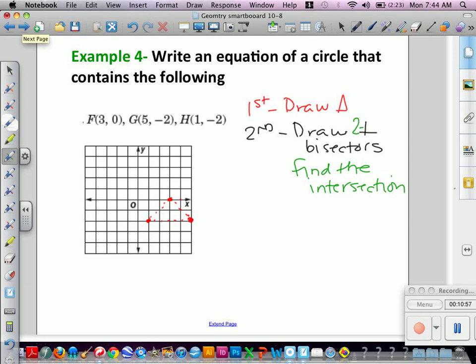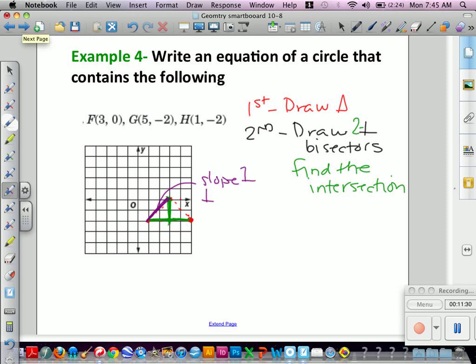So, okay, I need it to be perpendicular. If I look here, do you see there's 2 on this side and there's 2 on this side. So there's my perpendicular bisector for that line, and that's at a right angle. And I can tell that because this has a slope of 0, so I need an undefined slope. And then I'm going to take this line here that has a slope of 1.